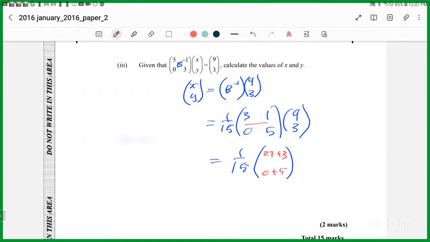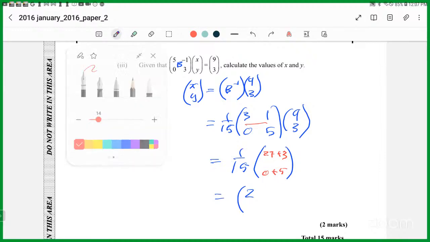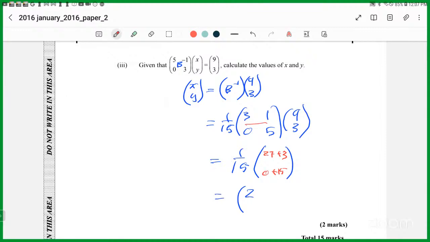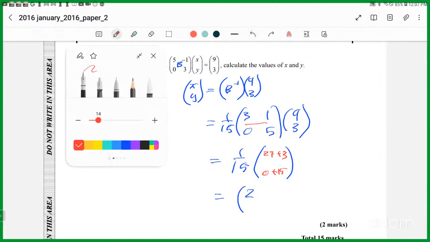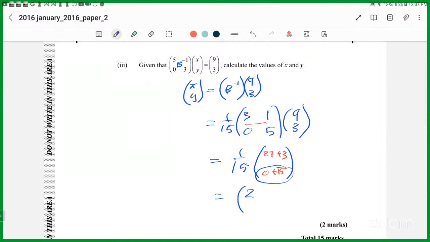I like these values, because this then comes equal to 30, and 30 divided by 15 is 2. So this becomes 2. This is supposed to be a 15, not 5. 5 times 3 is 15, and 15 divided by 15 here is 1.